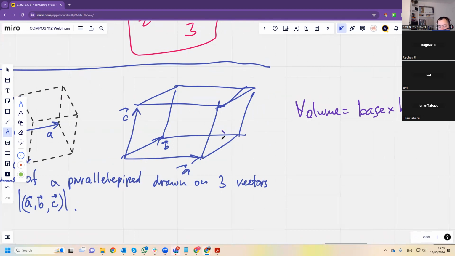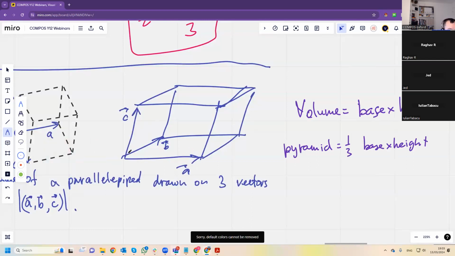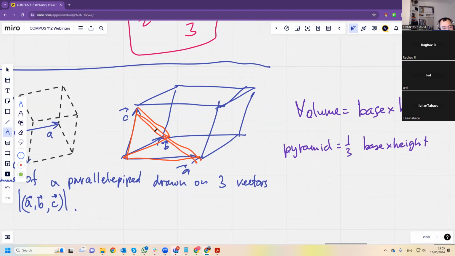But the pyramid is 1/3 base times height. But if you look at the pyramid and the parallelepiped, you will see that the pyramid has half the base because it has a base which is 2 times smaller.